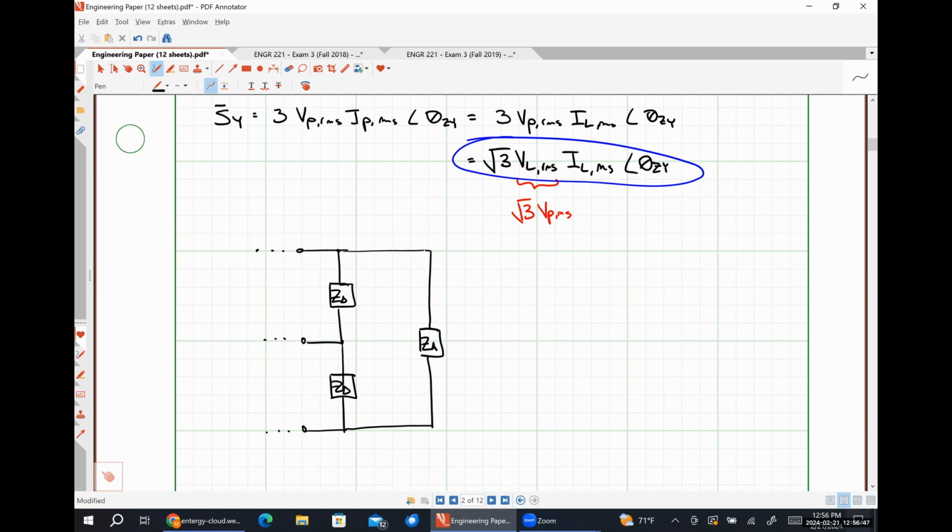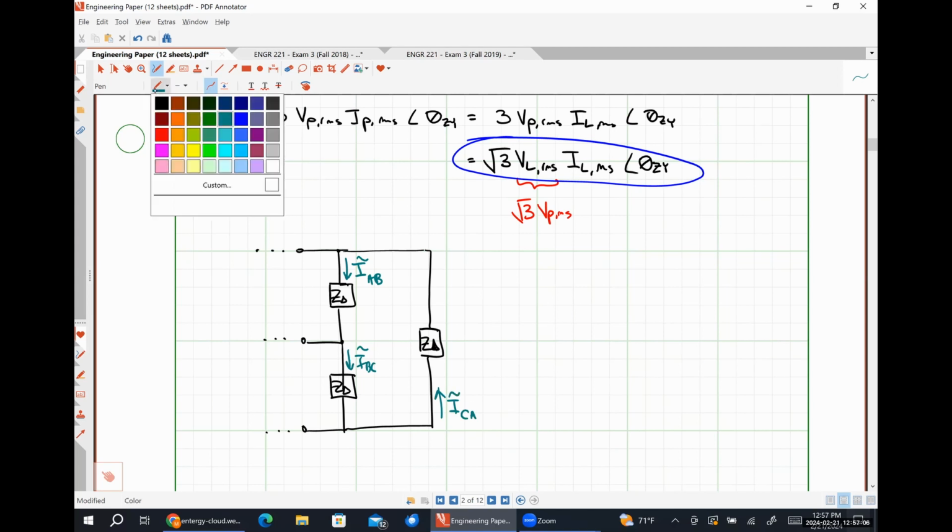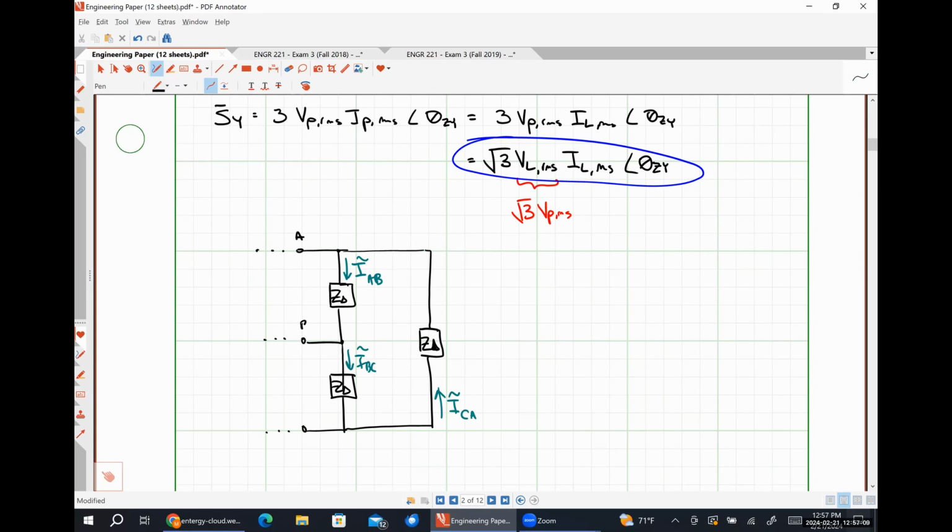See delta, draw the delta, there we go. So my phase currents would be IAB, IBC, and ICA respectively. If this were the A, B, and C phase terminals, well, my line currents would be these currents right here. IAA, IBB, and ICC.